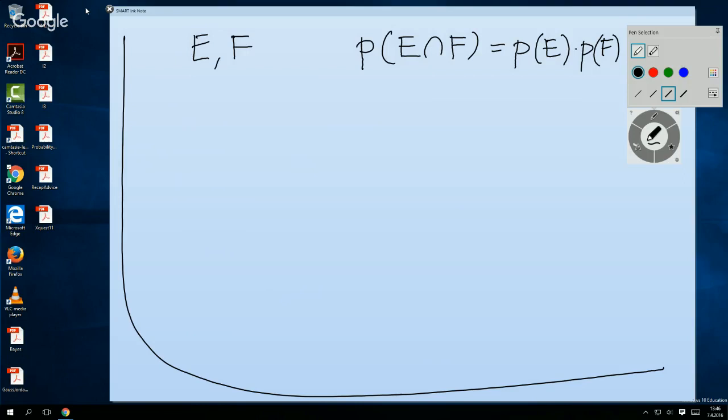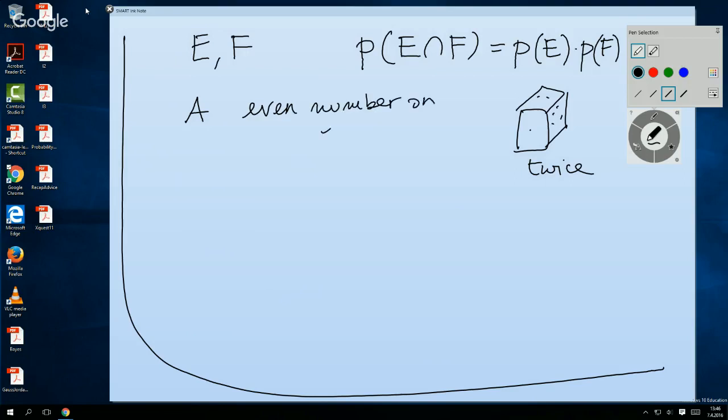So let's take one example from this exercise. Okay, so we have our die. There you have it. We cast it twice. The event A is even number on first toss.